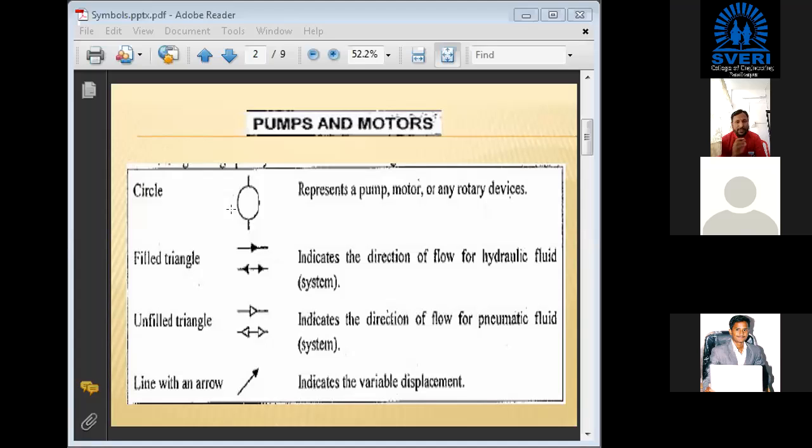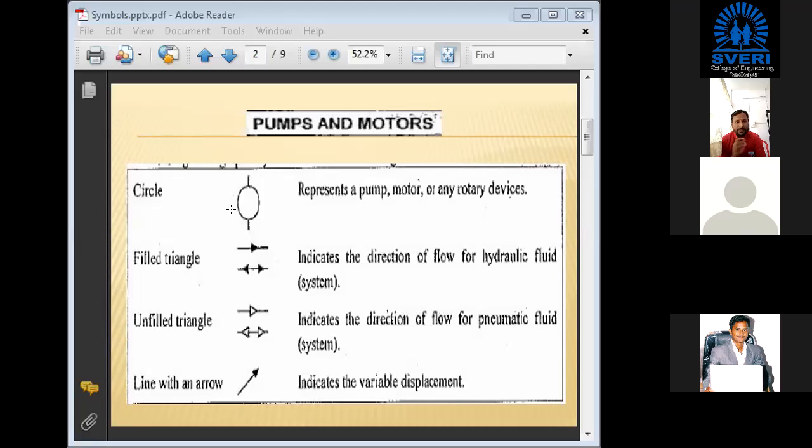Then, if you want to indicate the direction of flow, whether the flow is in one direction or both directions, you can see on the screen. For the direction of flow for hydraulic fluid, the symbol is a filled triangle. You draw a line and give one triangle, and that triangle should be filled.